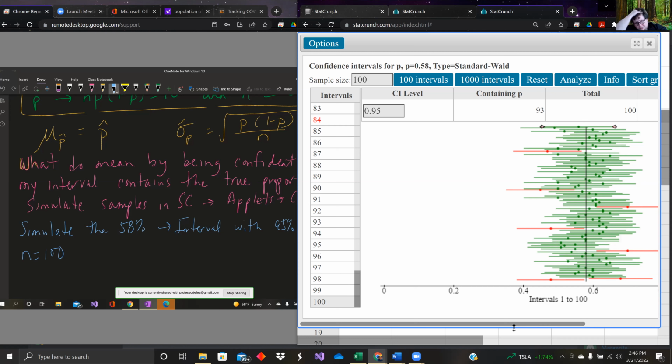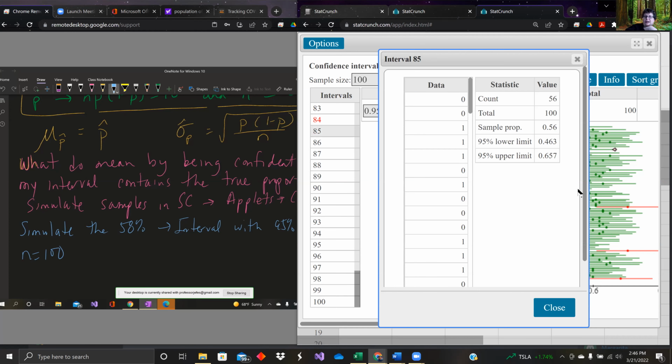The computer randomly applies this proportion and basically rolls, asking did we hit that number or not. If I look at line 85, the results had a lower limit of 0.463 and an upper limit of 0.657.